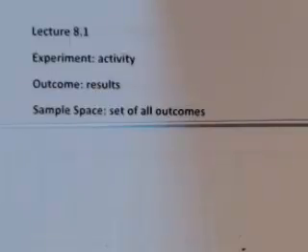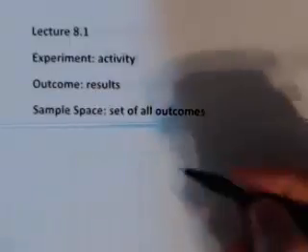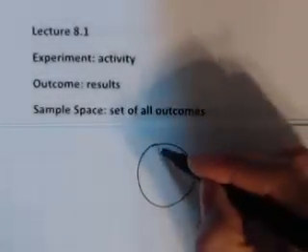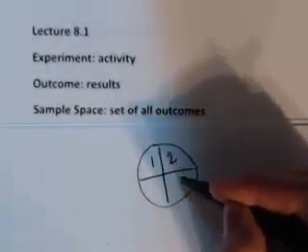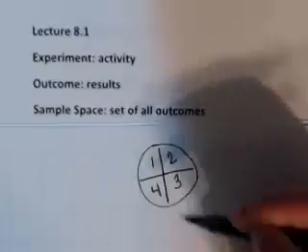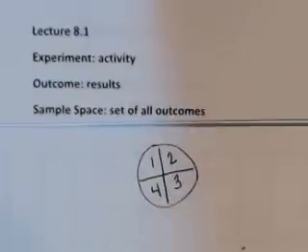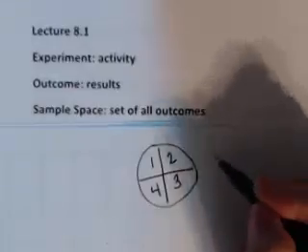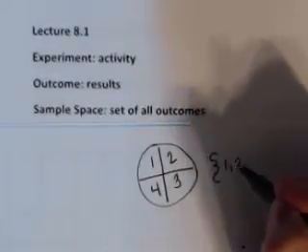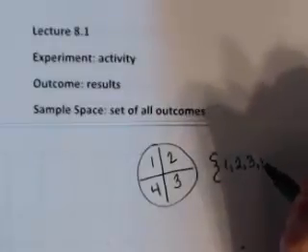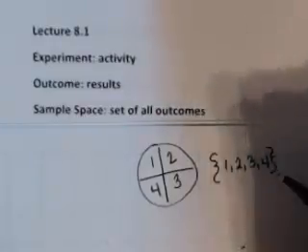So if I have a spinner, and on the spinner I have the numbers 1, 2, 3, 4, then the sample space is the set 1, 2, 3, 4.